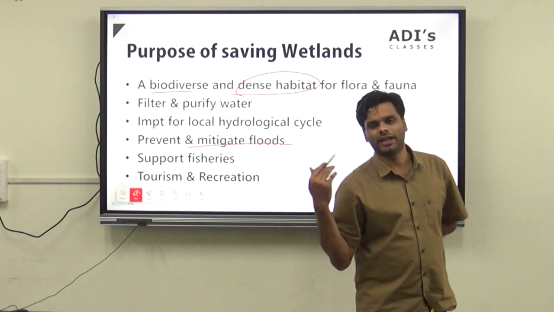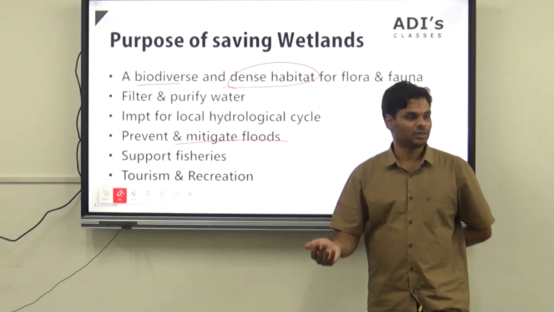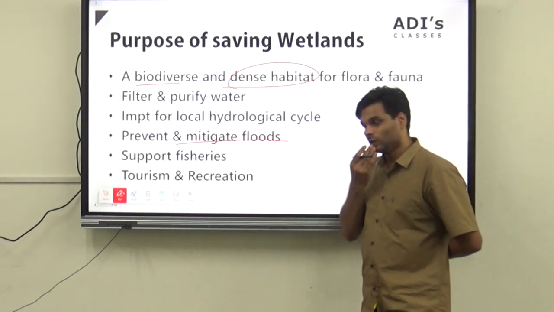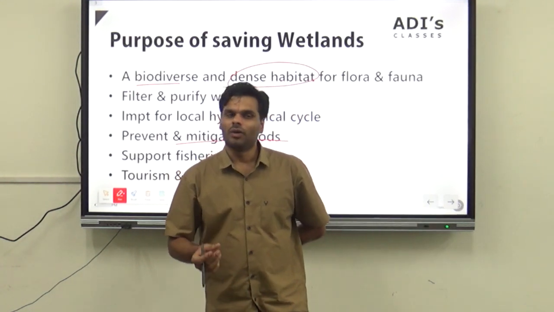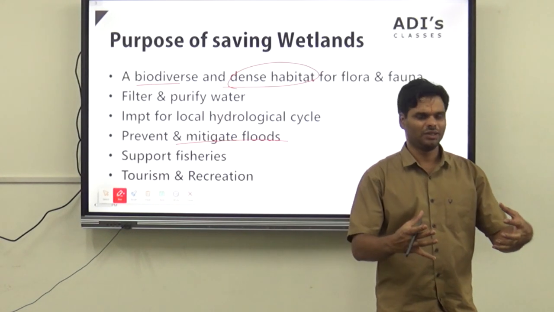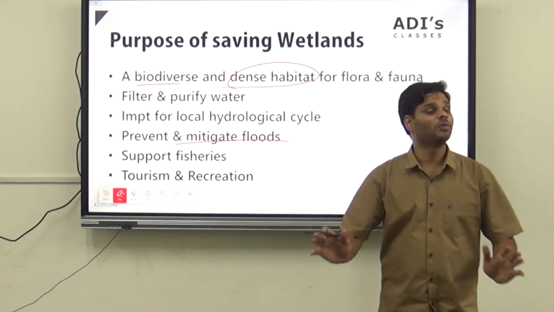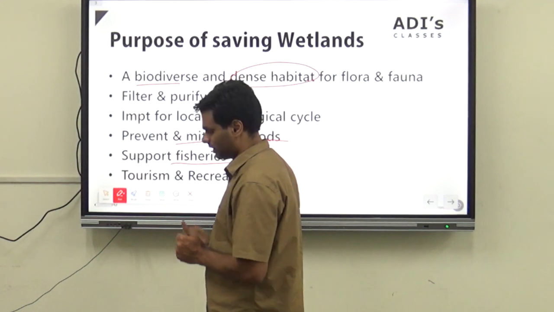So, a lot of variety of fauna is available, like fishes, crabs, prawns, and so on. Wetlands are also used by local communities for fishing, okay? And because the biomass is so dense, you can find lots of fishes and crabs in a very small area, okay? So it supports fisheries.